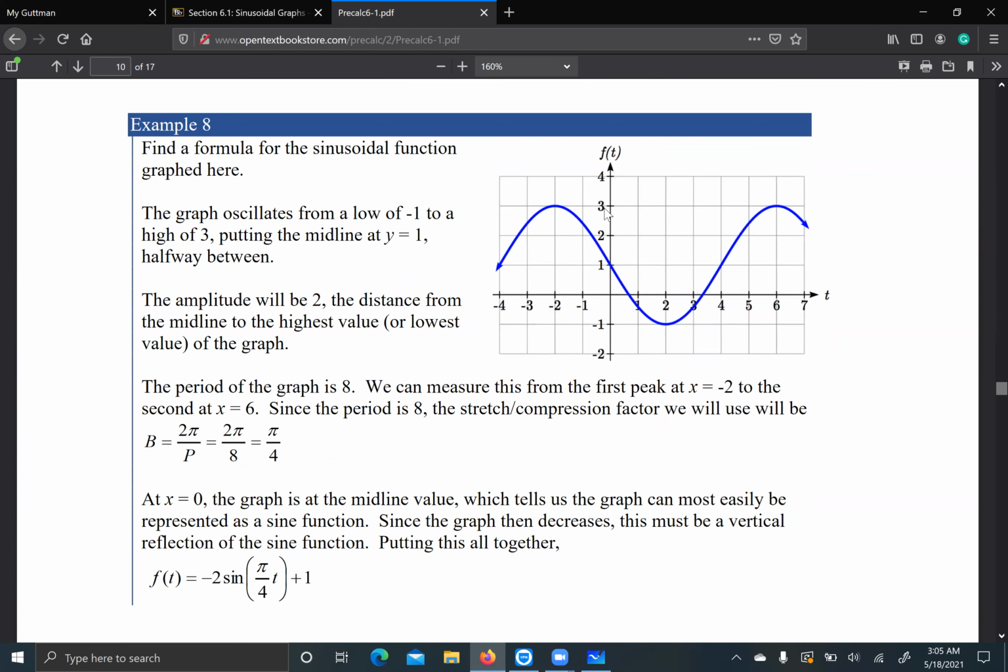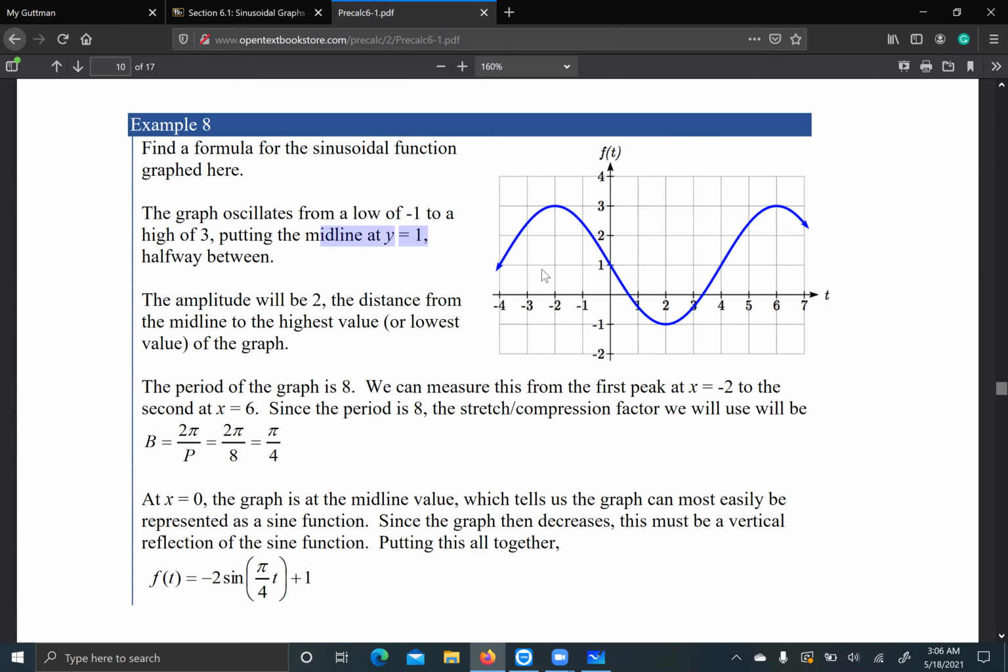Sorry. The graph oscillates from -1 to 3, right? And the midline is just halfway through. So it's at 1. The midline is at 1.